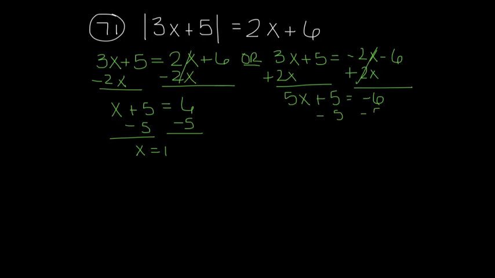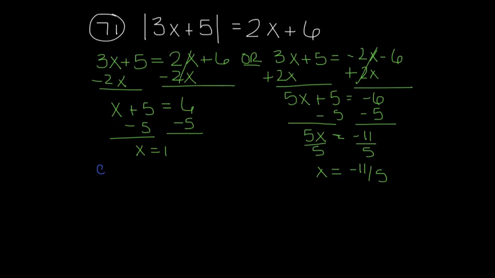Subtract the 5 from both sides, and I get 5x equals negative 11. Divide both sides by 5, and I get x equals negative 11/5. So my two possible solutions are 1 and negative 11/5. I have to check both of those.